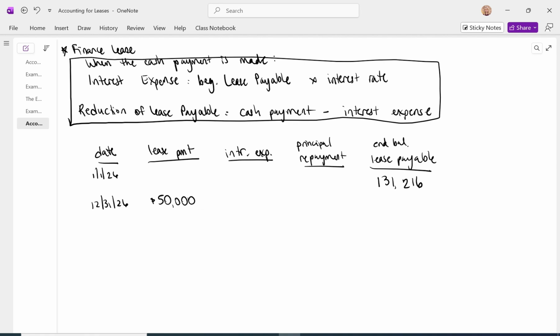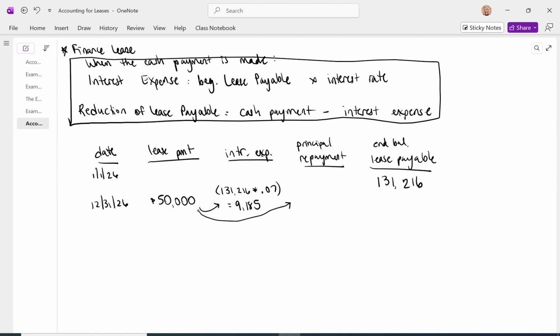So some of that lease payment is going to be interest expense, and the rest of it is going to be repayment of principal. How much is interest expense? Take the beginning balance in the lease payable, 1/31/2016, and multiply it by the interest rate on this lease, which is 7%. And that is going to give us $9,185.